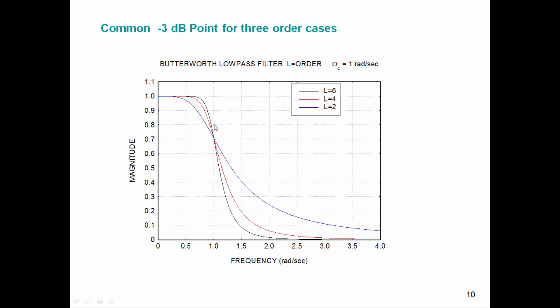So again, each of these three curves, regardless of order, passes through the same minus 3 dB point at the cutoff frequency. And you can also see that by increasing the order, we come closer to meeting the ideal of an ideal filter, which would have a flat plateau out to 100 hertz and then a sheer wall drop off.